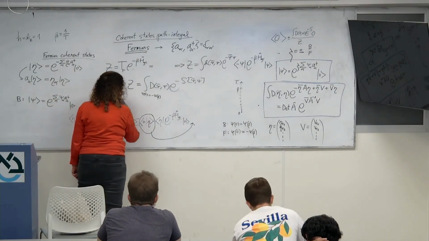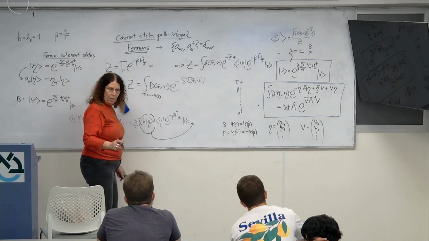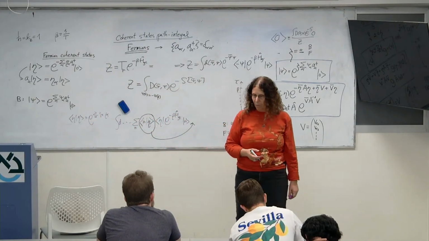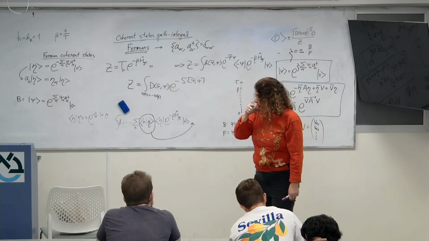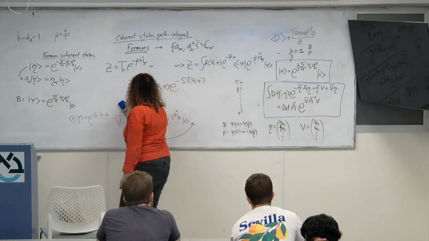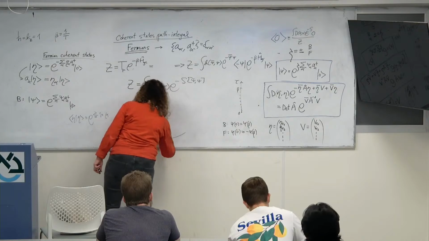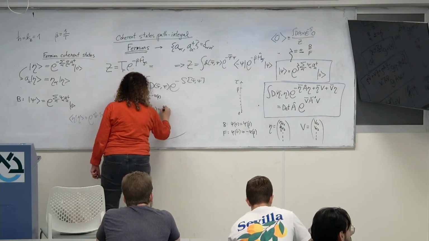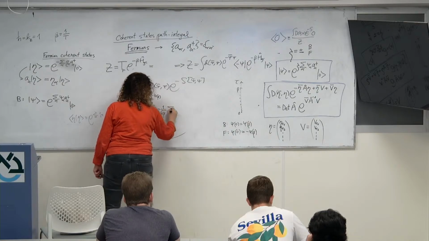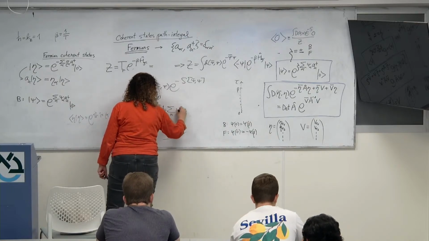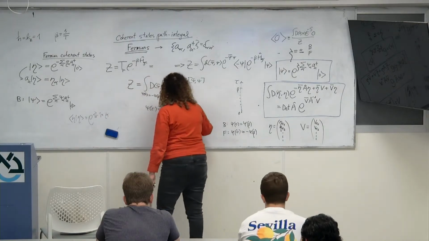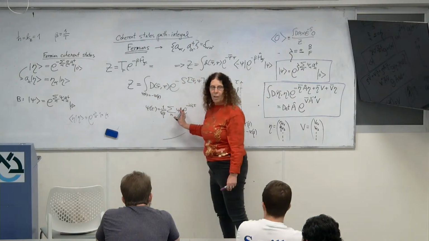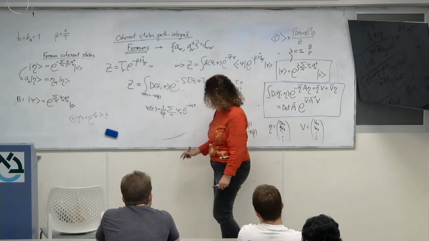But when you convert it to the Matsubara frequencies, and it's again useful to do it because you have a time derivative, you can write it as a Fourier expansion. Psi of tau is 1 over square root beta, sum over n, psi n, e to the minus i omega n tau. Looks exactly the same, except for one thing.